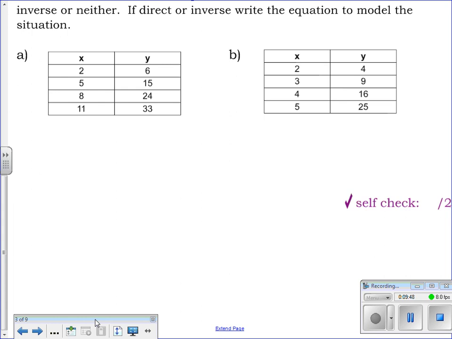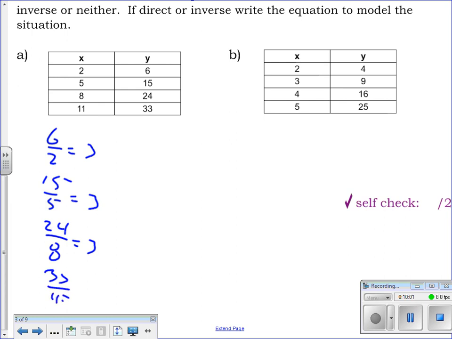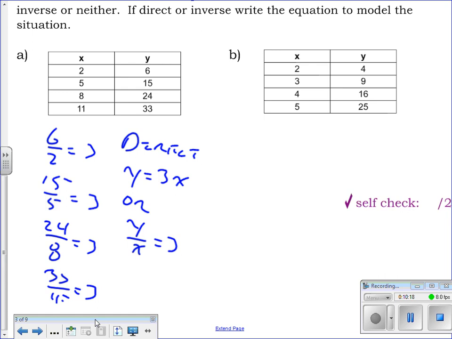So then I want to try direct. 6 divided by 2 is 3. 15 divided by 5 is 3. Looks promising. 24 divided by 8, that's 3. 33 divided by 11, that's 3. So it is direct. And my constant is 3, so y equals 3x, or y over x equals 3. Either one of those would be good.